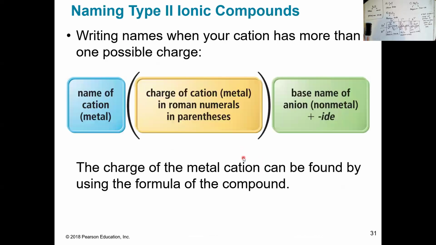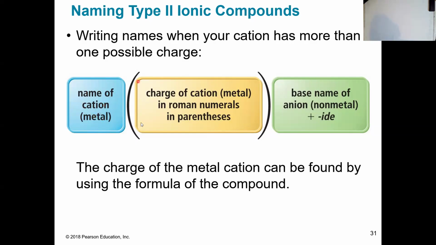Let's look at our overall setup for naming these. These are also called type 2 ionic compounds, compounds that have metals whose charge can change. What we're going to do is start by naming our metal, just like we did before.